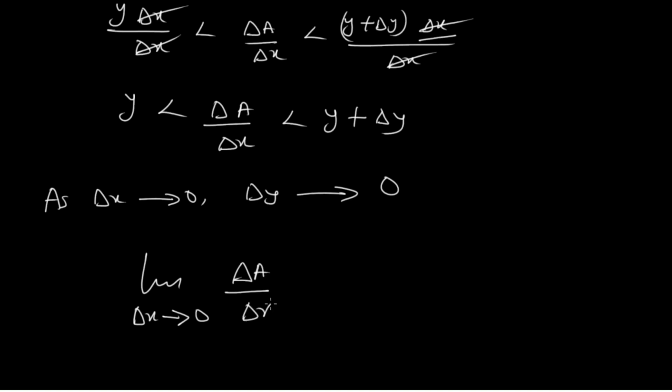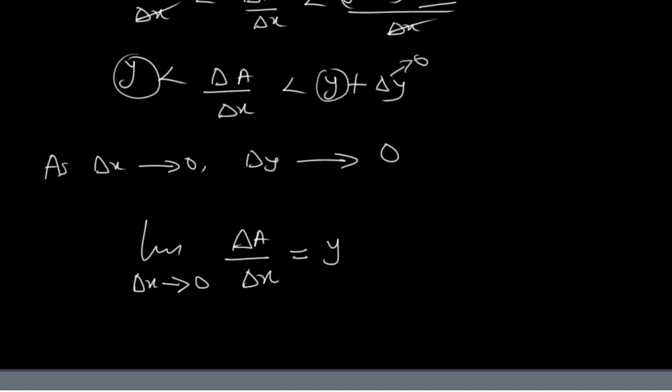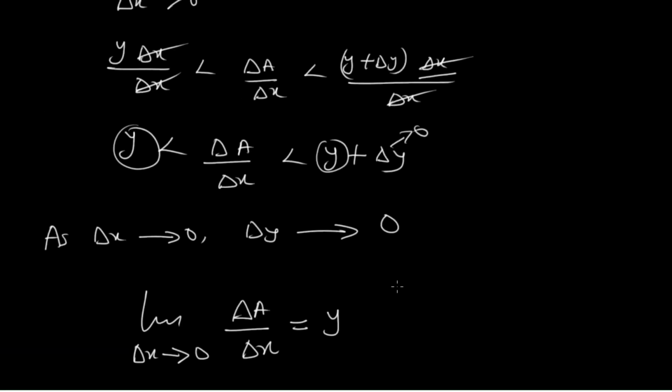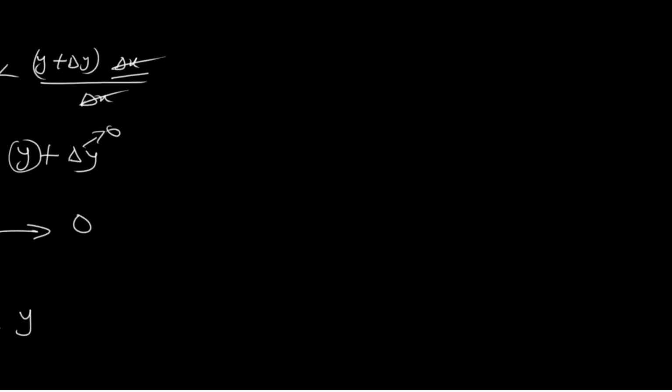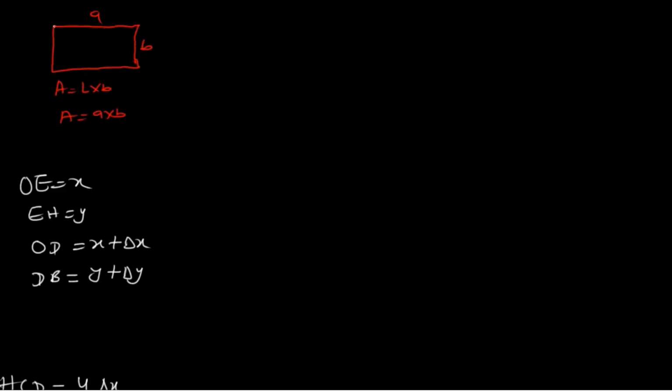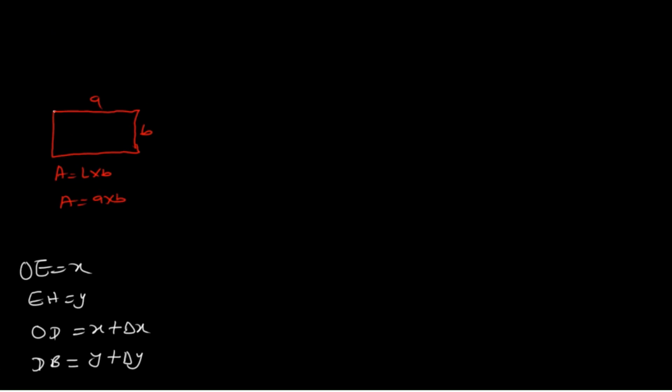dA over dx equal to y. So since this is turning to 0, it can either be this y or this y. We know that dA over dx equal to y. And recall from differential calculus that dA over dx is represented as change in A over change in x.